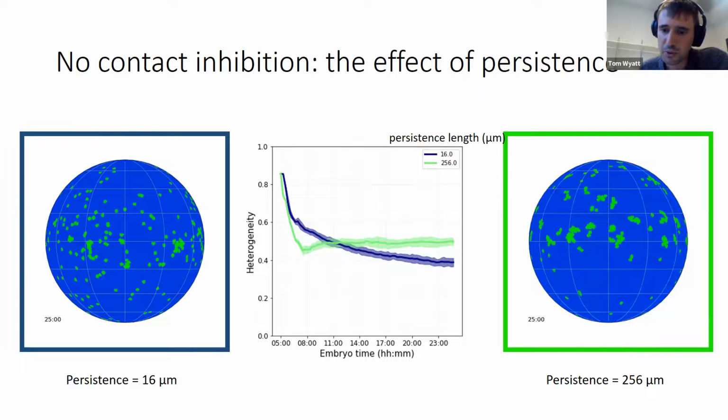And if you zoom forward to later in the simulation, you can see these aggregates are really persisting and are what are causing this worsening of homogeneity.